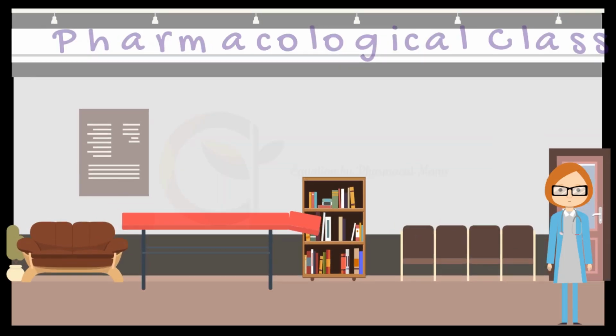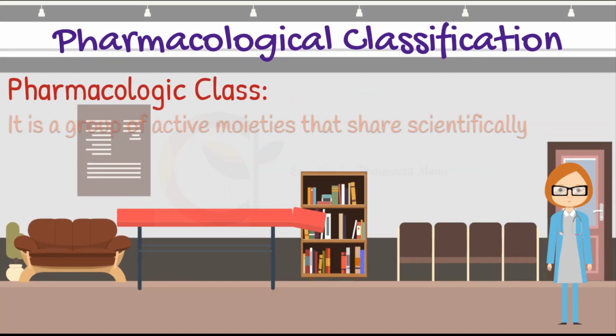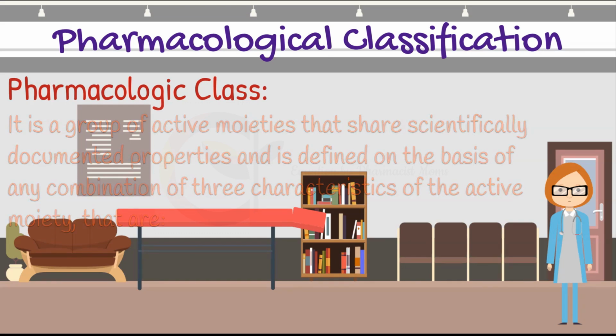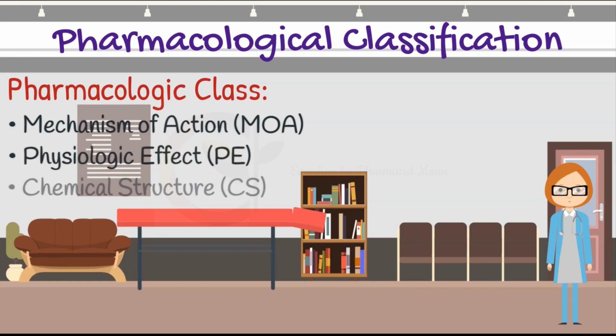Next up is pharmacological classification. Let's discuss some definitions. Pharmacologic class is a group of active moieties that share scientifically documented properties and is defined on the basis of any combination of three characteristics of the active moiety that are: mechanism of action or MOA, physiologic effect or PE, chemical structure or CS.